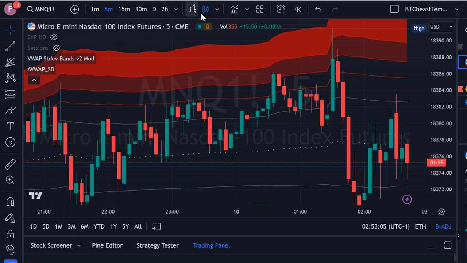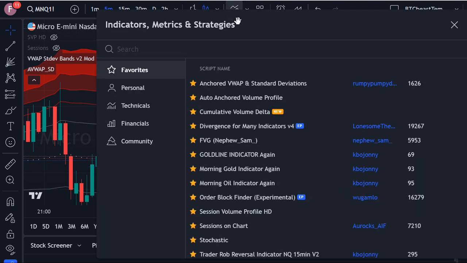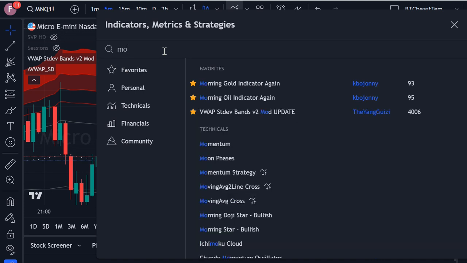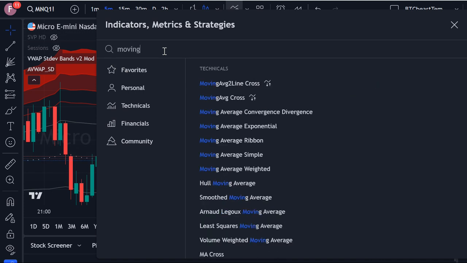And let me go ahead and get a moving average on there. That's another way to tell, just using a basic moving average. We already discussed VWAP, which is a type of moving average, but which is specialized to give you a reference for the day.